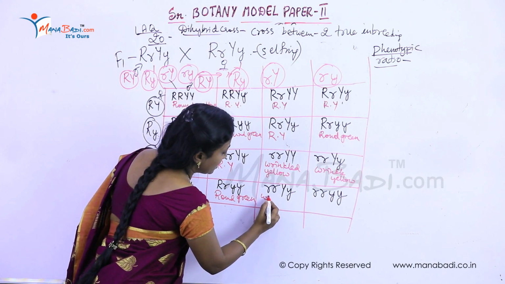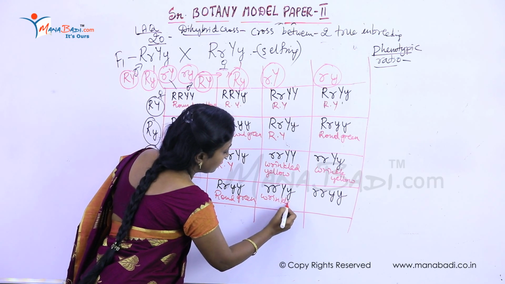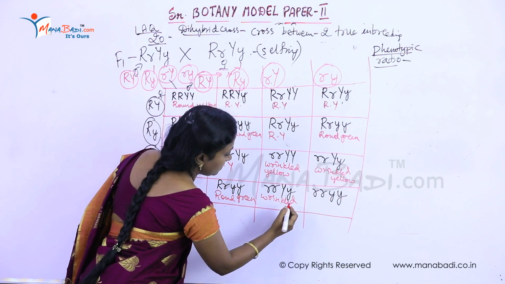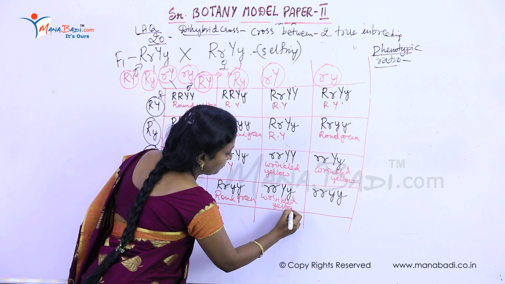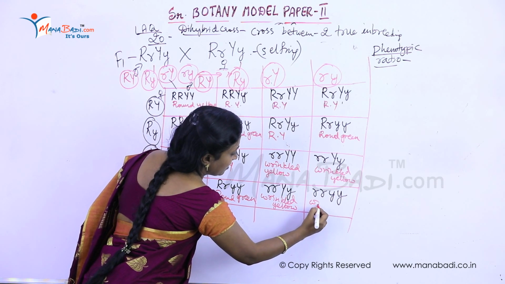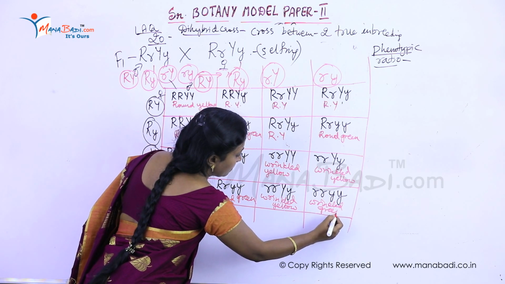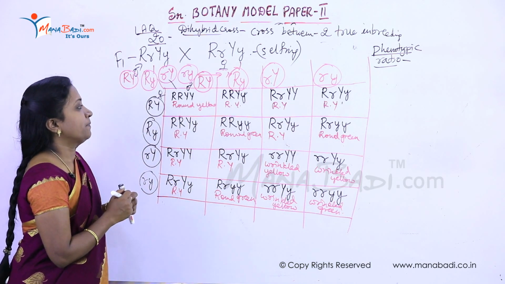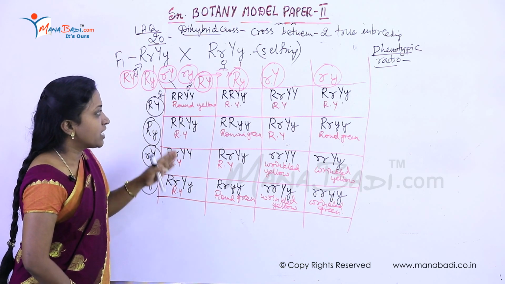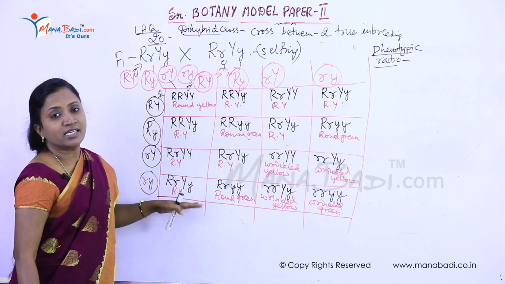Here it is wrinkled yellow, and here it is pure wrinkled green color seeded.